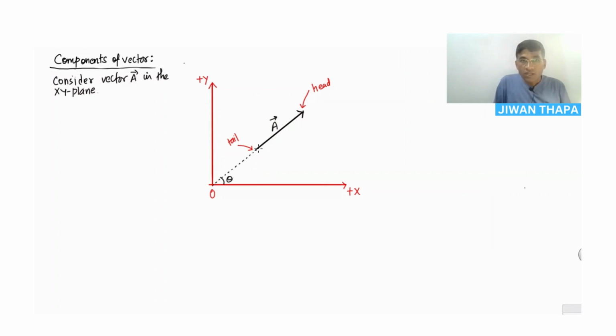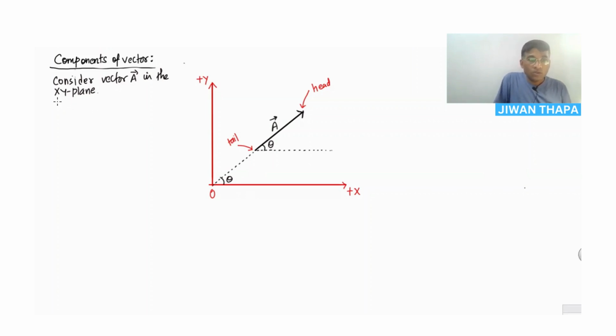Now let us draw a horizontal line parallel to the x-axis from the tail of the vector. Then we find this angle is also theta.